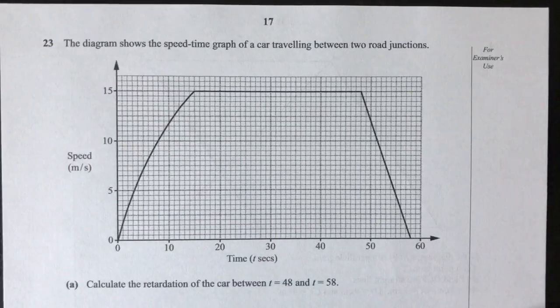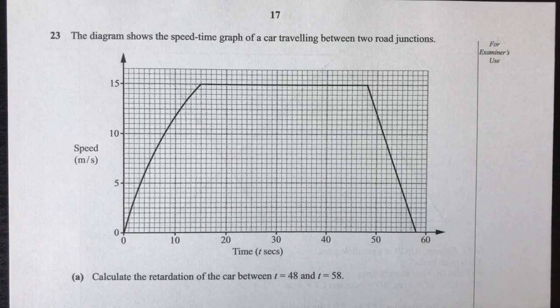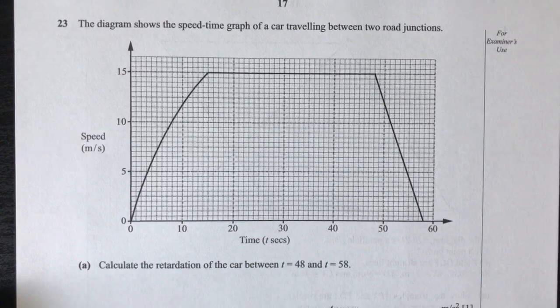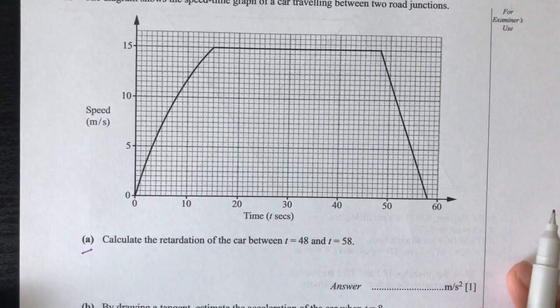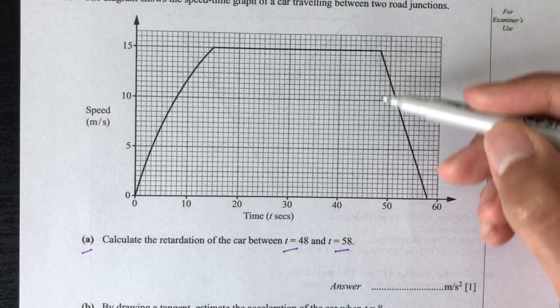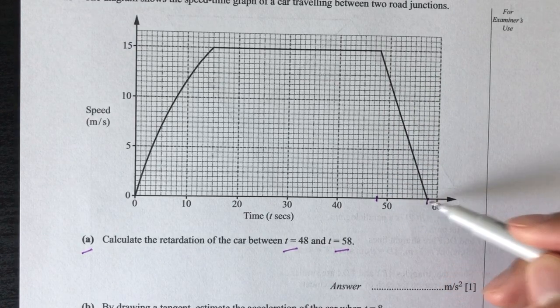Moving on to question 23. The diagram shows the speed time graph of a car traveling between two road junctions. This is a speed time graph. Now part A, calculate the retardation of the car between this time and this time. So 48 will be here and 58.